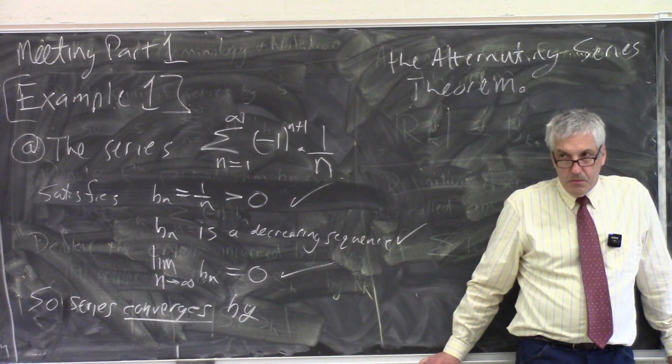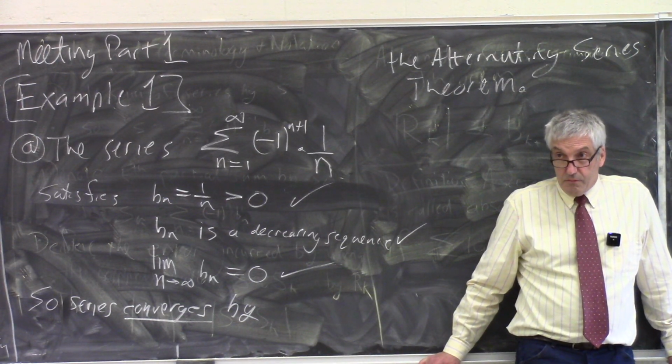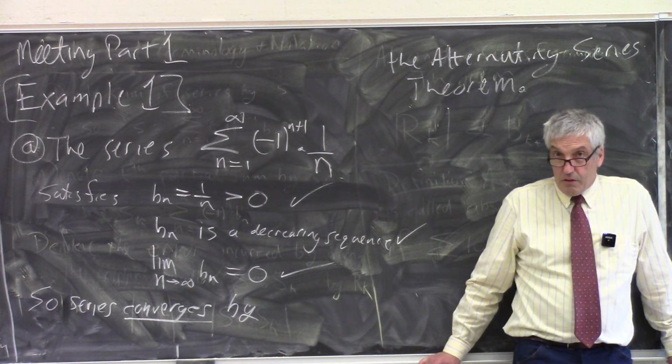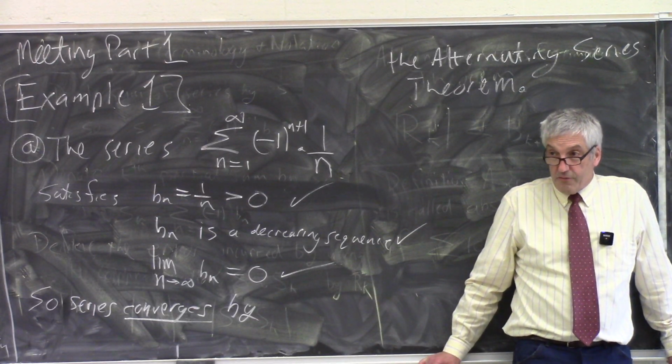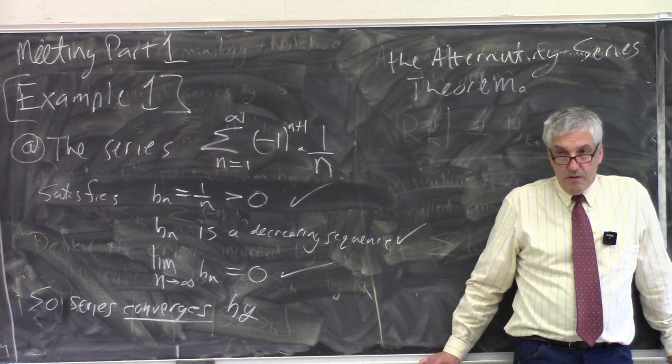So if it was an absolute value, then it wouldn't be the same as the non-absolute value. Definitely wouldn't be the same, but do you have a reason to believe it would converge or not converge? Well, that wouldn't be an alternating series, would it?